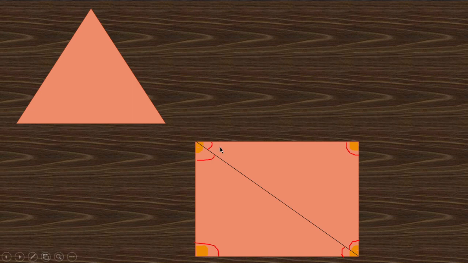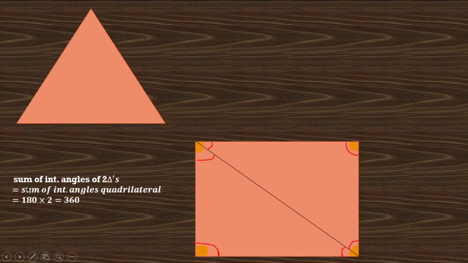And the sum of all these six angles equals the sum of these four angles. This is one, this is second, and these two are making this angle, these two are making this. So by using the angle sum property of triangle, we got to know that the sum of four angles of a quadrilateral is actually 360. Because the sum of interior angles of two triangles is equal to the sum of interior angles of the quadrilateral. So 180 into 2, 360. So this is how we can find out the sum of interior angles of any polygon.